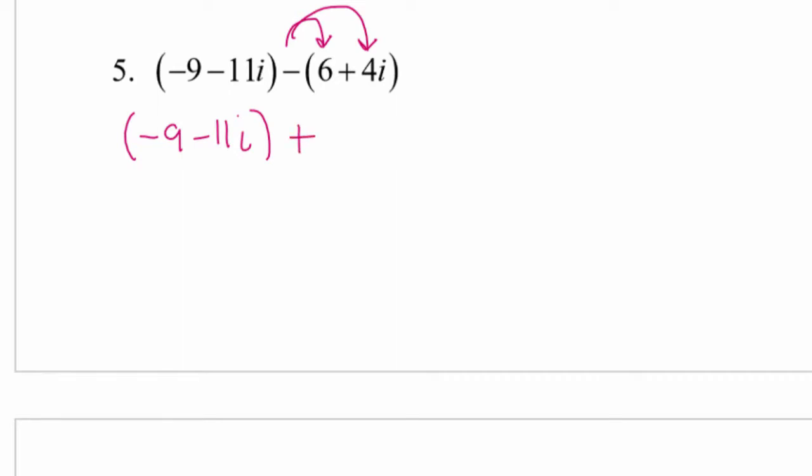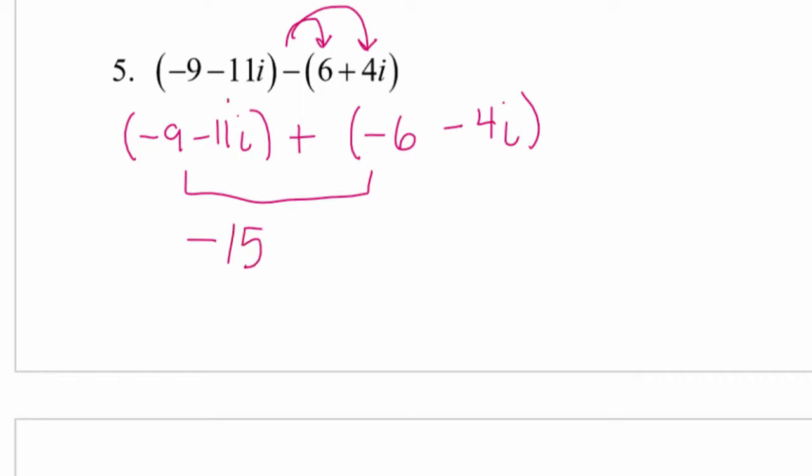This is now going to be a plus, but we are going to change both signs inside the parentheses to get negative 6 minus 4i. Then we are adding the real parts, which is negative 15, and we are adding the imaginary parts, which is another negative 15i.